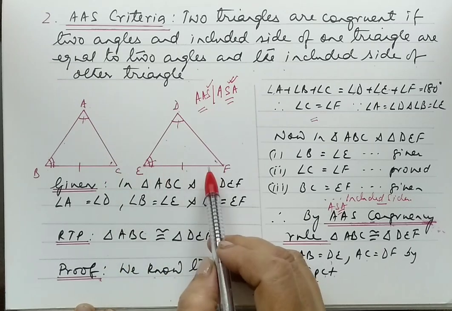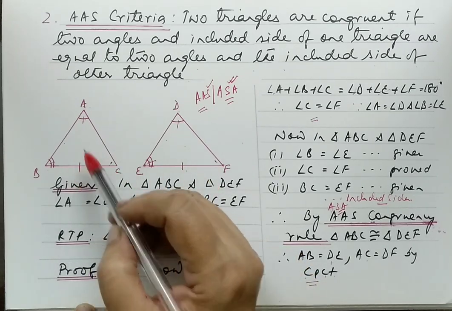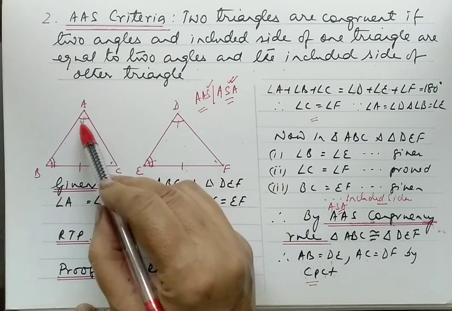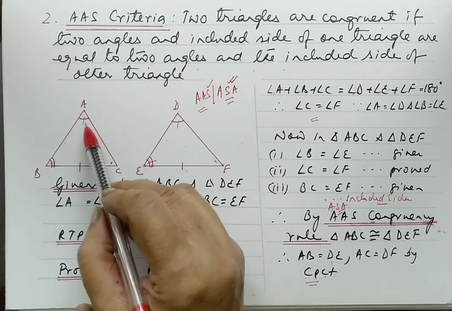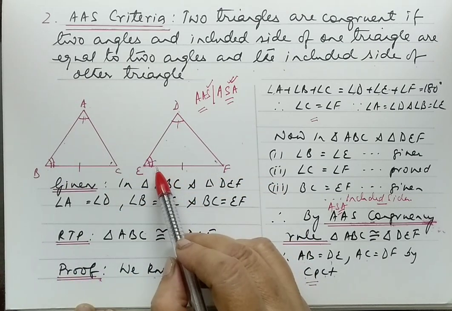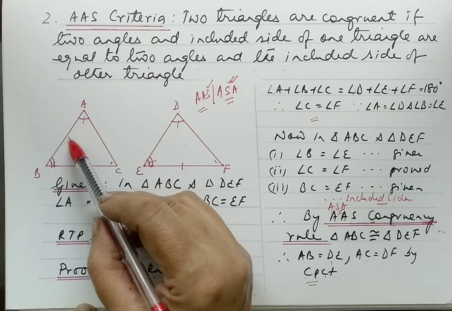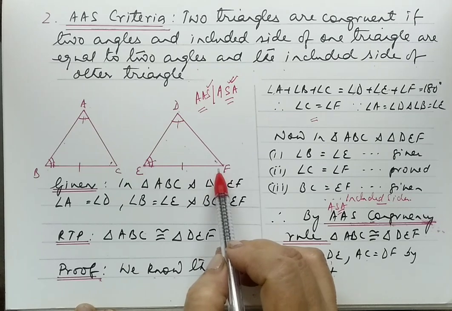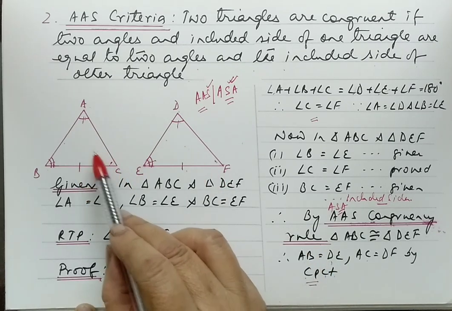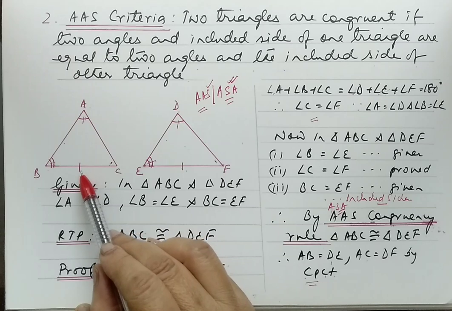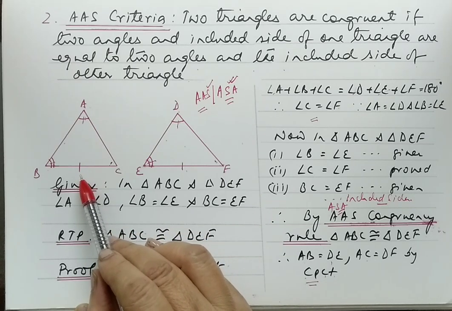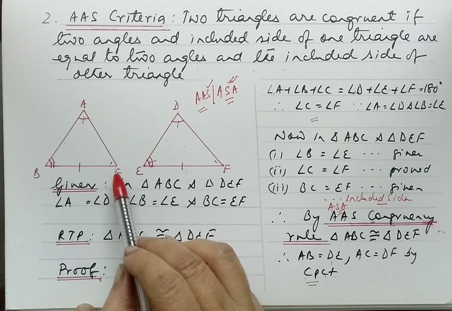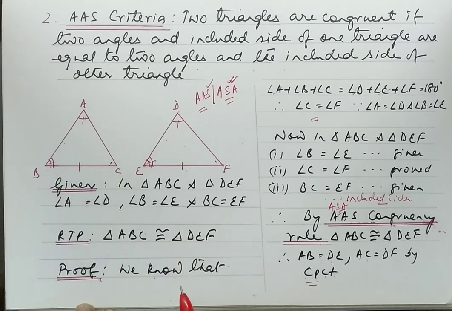For example, in this case also, they had given angle A equals to angle D, and B equals to E, and they hadn't given this side. But did we not prove it still? Because we found that C was equal to F, so automatically any side that they give, we'll find them being the included side. Alright guys, so this you have to keep in mind.